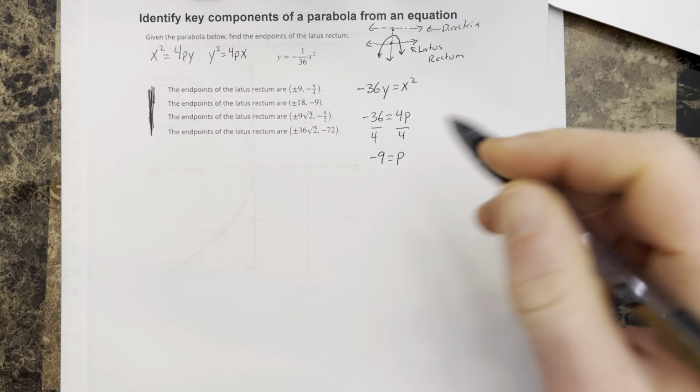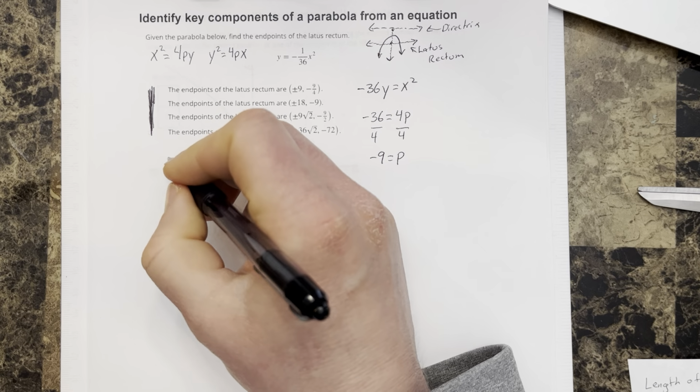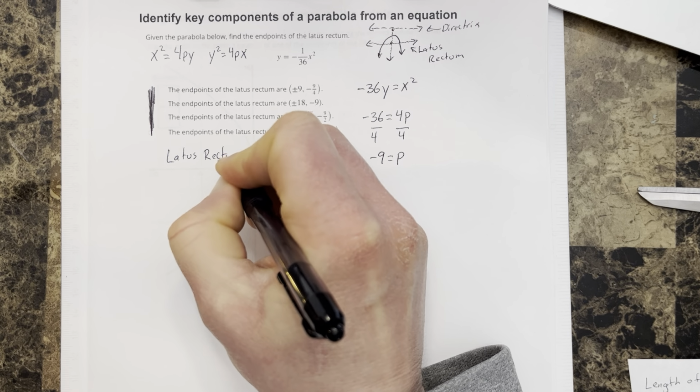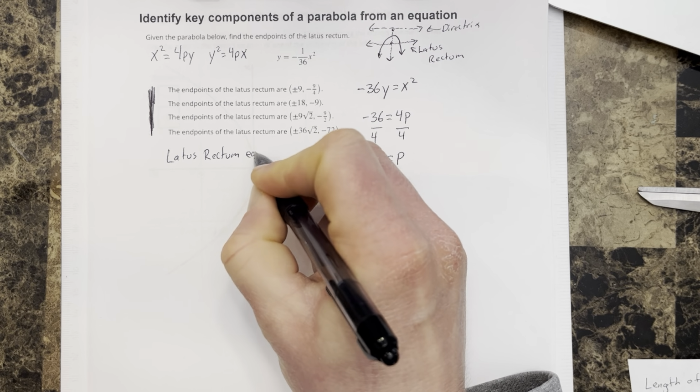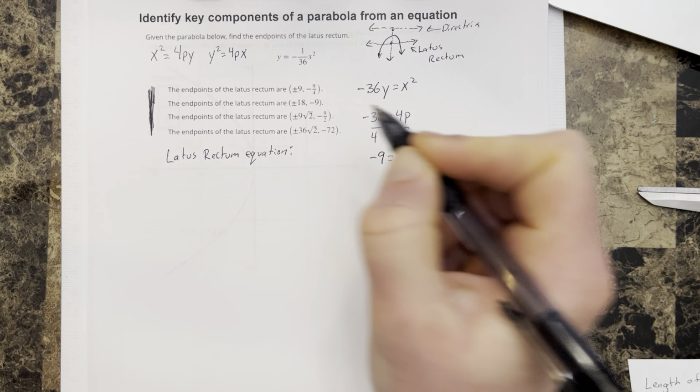Now, once we find p, the latus rectum equation is either going to be one of two things.